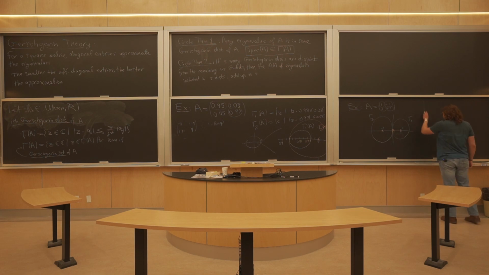So let me write it here. If no gamma i contains 0, then A is invertible. Okay.